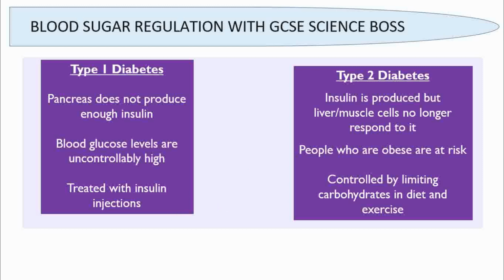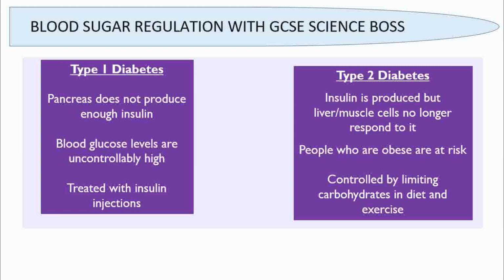In type 2, insulin is produced, however the cells no longer respond to it. People who are overweight or obese are quite at risk, and it is controlled by limiting the amount of carbohydrates in your diet. You can do exercise, or use some sort of medication.